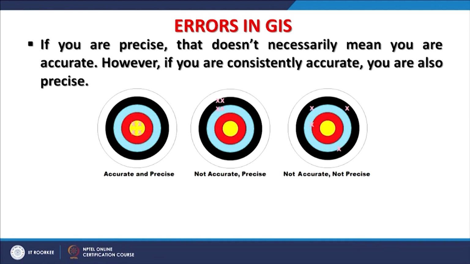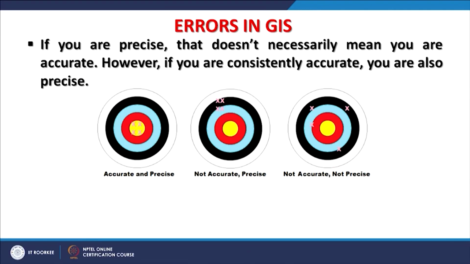For example, many of us must have played the dart game, and in this there are circles; sometimes for shooting also, and other sports, these kinds of targets are used. As you can see, in the first one it is accurate and precise when we are hitting the inner circle, the red part.